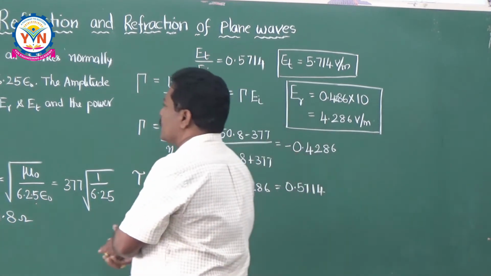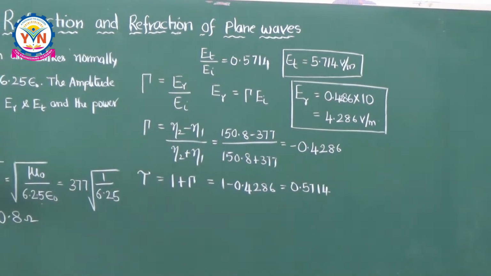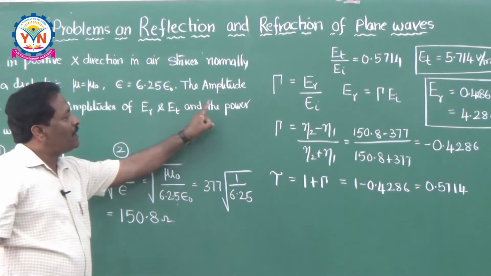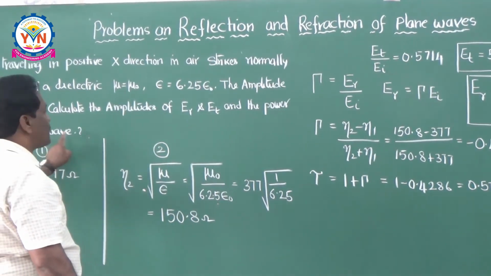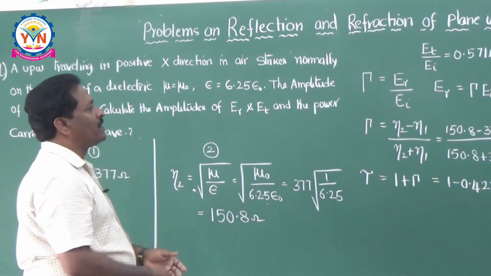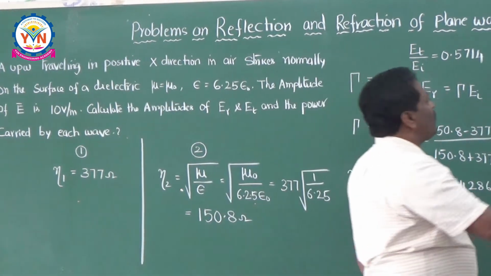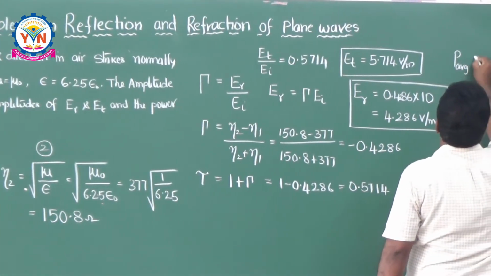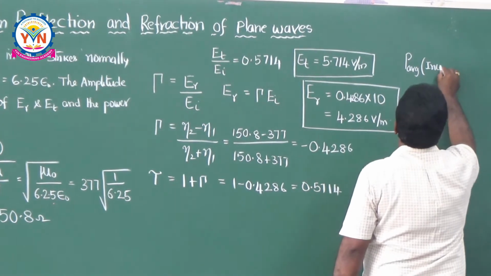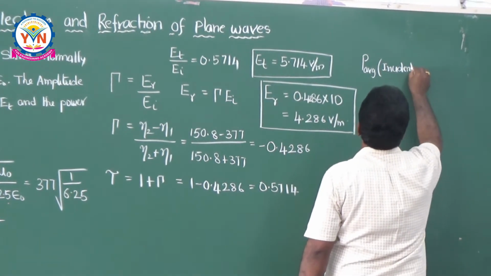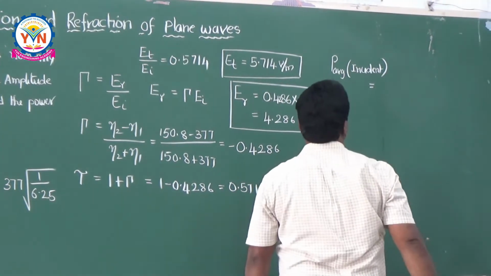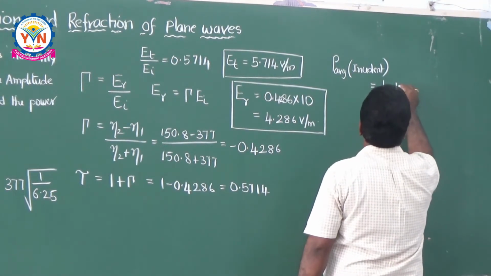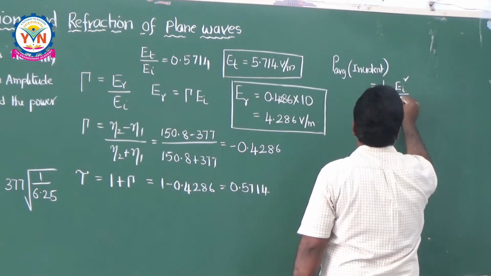Now he is asking you to calculate the amplitudes of ER and ET, which you just calculated, and the power carried by each and every wave. There are three waves, incident, reflected and transmitted. The average power of the incident wave is equal to half into EI square divided by eta.